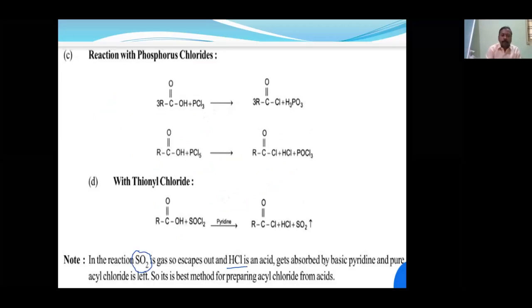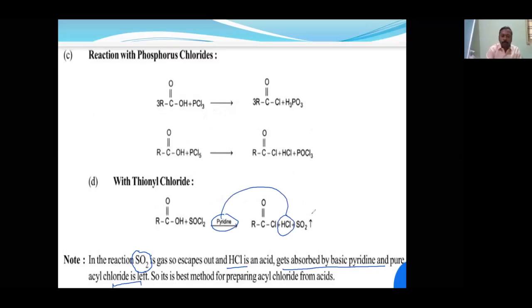HCl is a gas and is absorbed by the pyridine, and pure acyl chloride is left over. See here what is used: pyridine. It will absorb the HCl, and SO2 will be gas. So you will get the pure acid halide. That's why this is the most important method. Now I think it is clear. That shortcut, don't forget, and with that you will be able to write the answer in one shot.